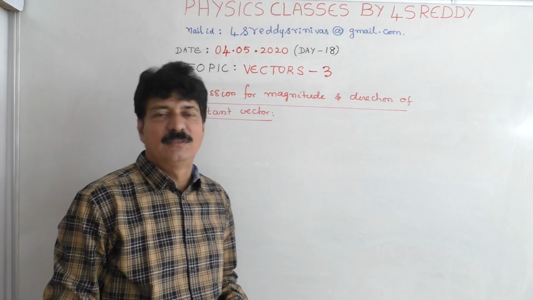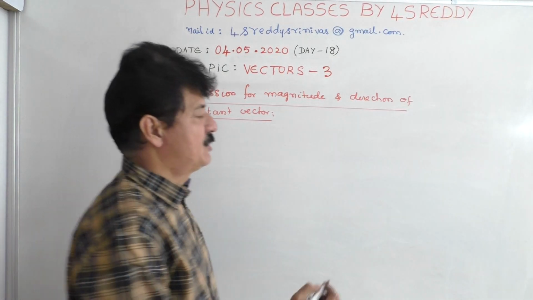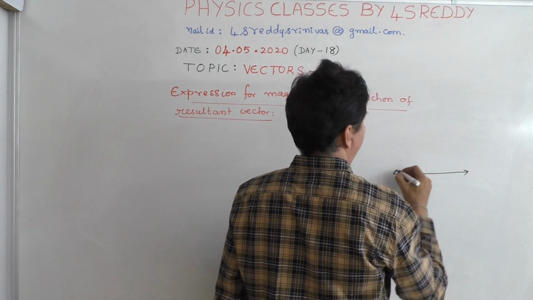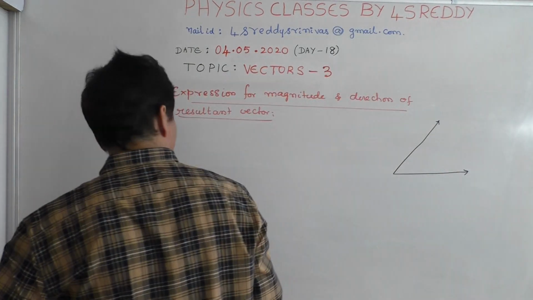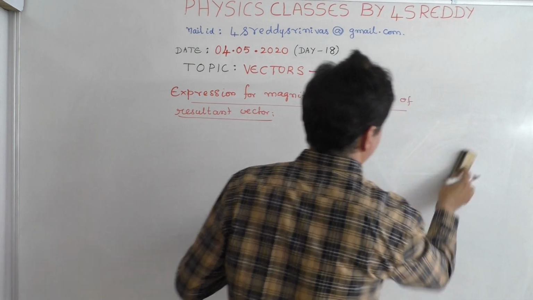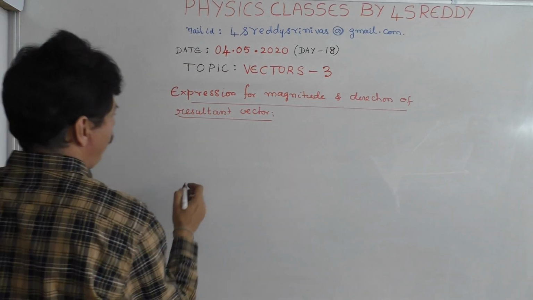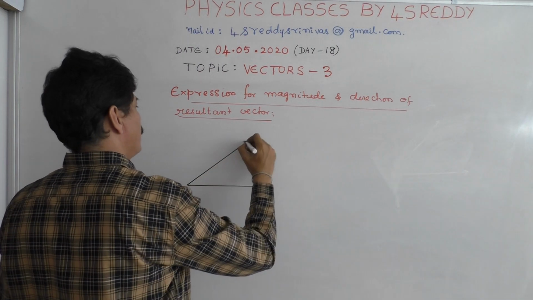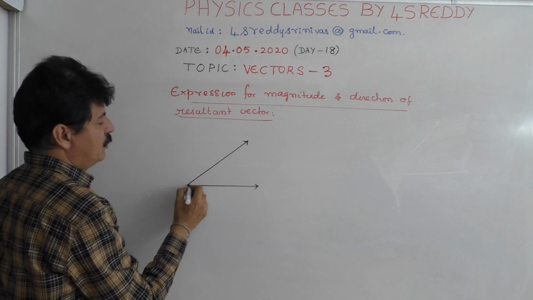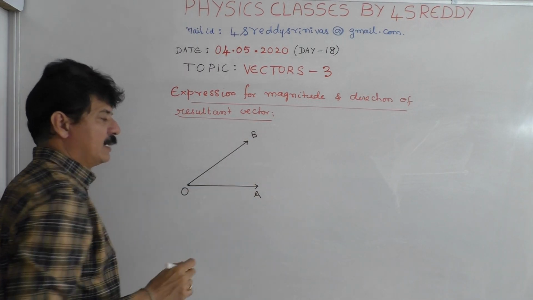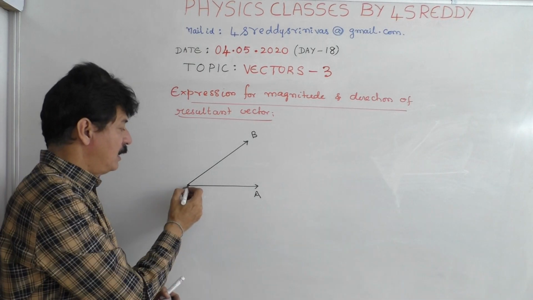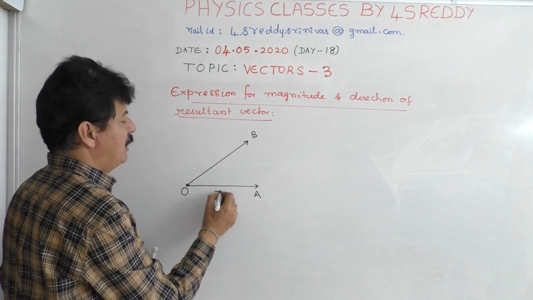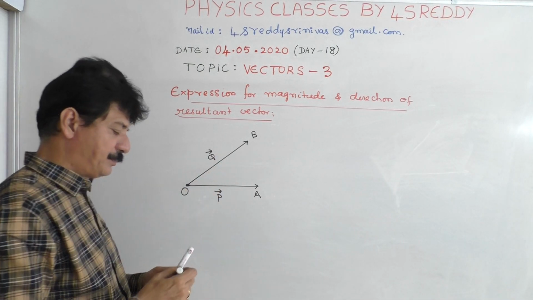Then how to solve this? It's very simple. First of all, let us say OA and OB. This is OA and this is OB, the two vectors with the same initial point O. Let OA bar be P bar and let this be Q bar.